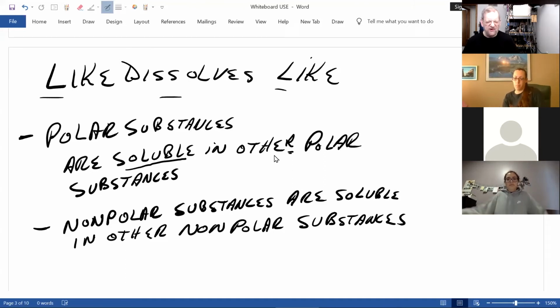Polar substances are soluble in other polar substances, and nonpolar substances are soluble in other nonpolar substances. If you take something that's polar, mix it with something that's nonpolar, it's not soluble. You get a heterogeneous mixture, 2 layers, it's not the same. And that's like dissolves like.